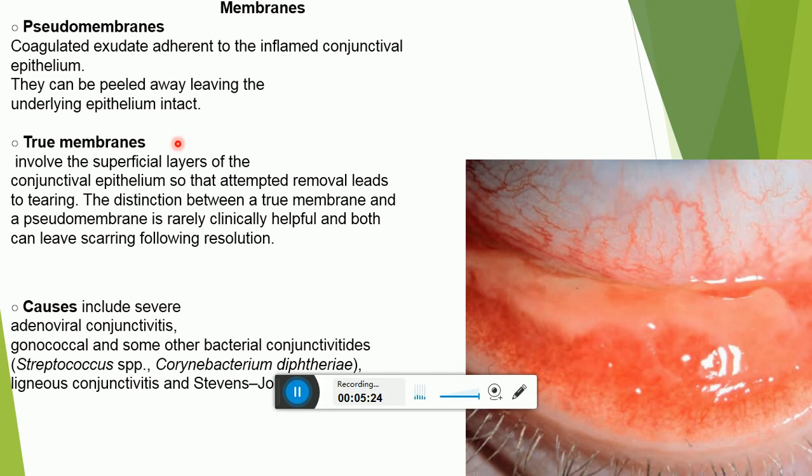Attempted removal leads to tearing. The true membrane and pseudomembrane distinction is rarely clinically helpful. Both can leave scarring following resolution. The causes include severe adenoviral conjunctivitis and gonococcal conjunctivitis, other bacterial conjunctivitis such as Streptococcus, Corynebacterium diphtheriae, ligneous conjunctivitis, and Stevens-Johnson syndrome.